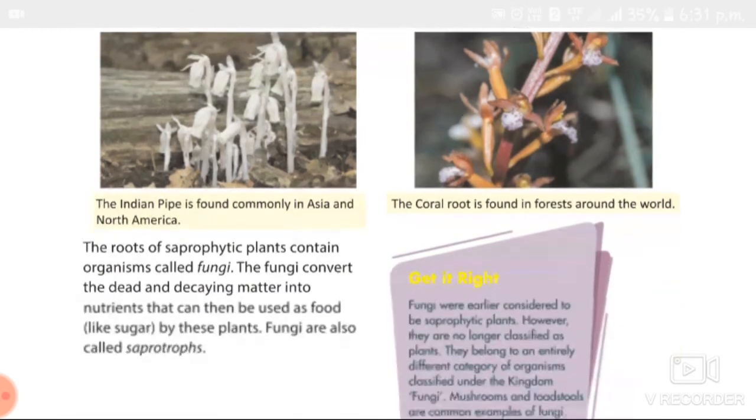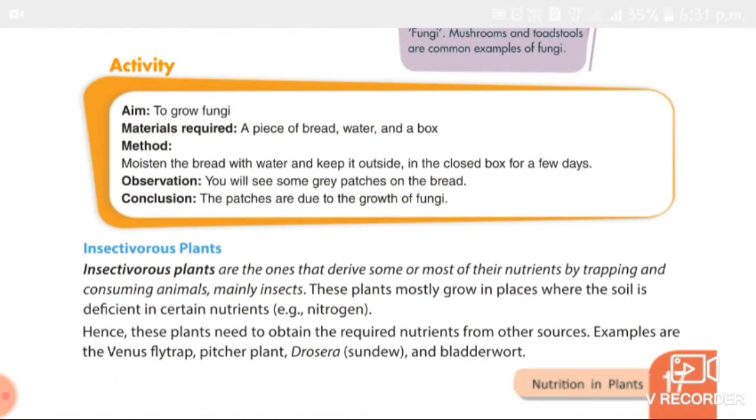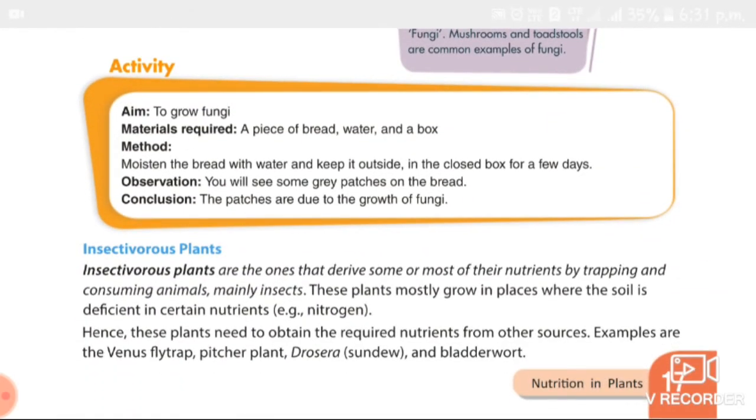Next we studied insectivorous plants. The insectivorous plants are the ones that derive some or most of their nutrients by trapping and consuming animals, mainly insects. From the name itself we can tell that these plants absorb insects for their nutrients. Understand that? For example, we studied Venus flytrap.